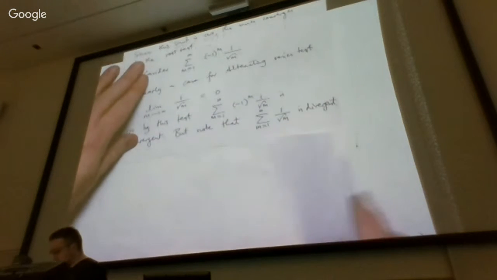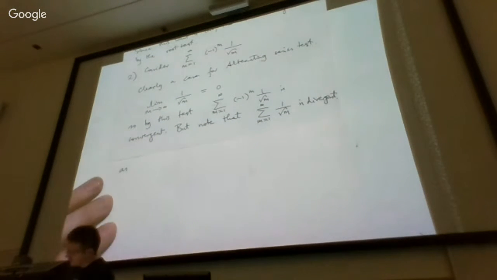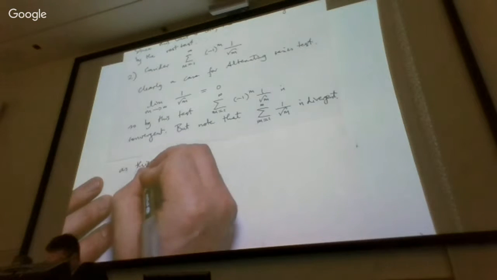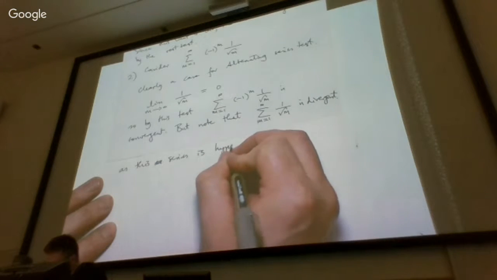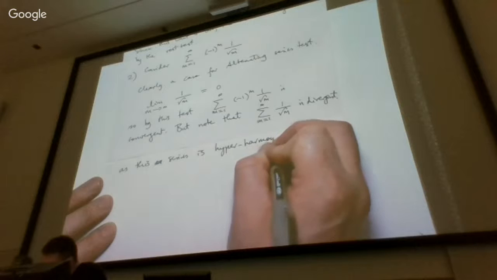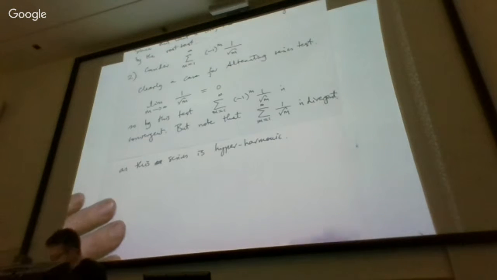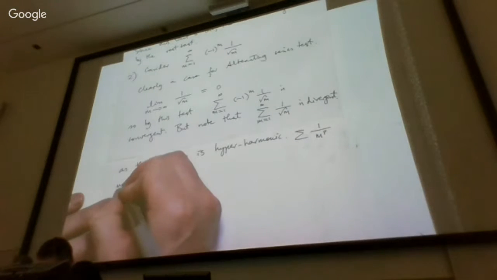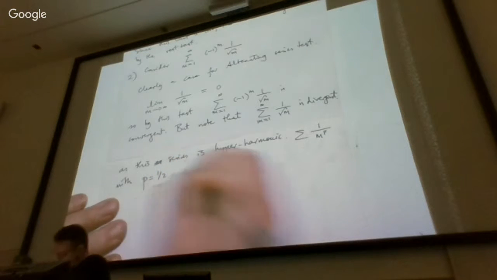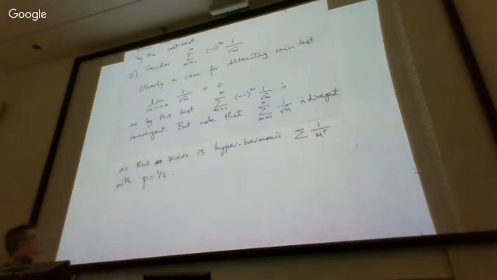We've already covered this case because this is a hyperharmonic series. We were able to settle all of those by applying the integral test we did last time: the sum of 1 over n to the p, with p equals a half. The conclusion was that if p was less than or equal to 1, then the hyperharmonic series diverged.